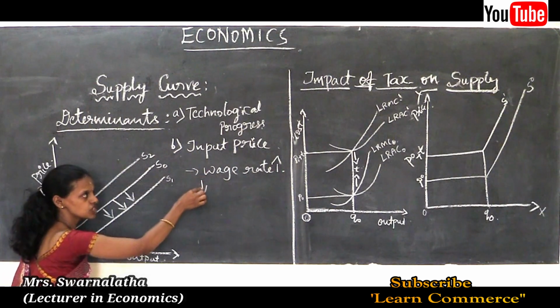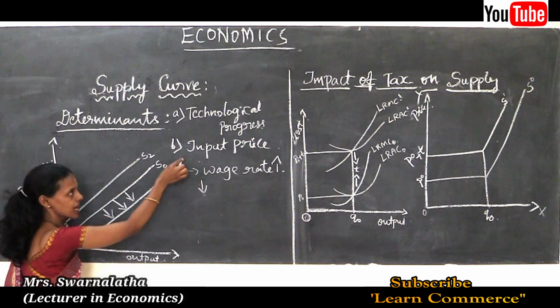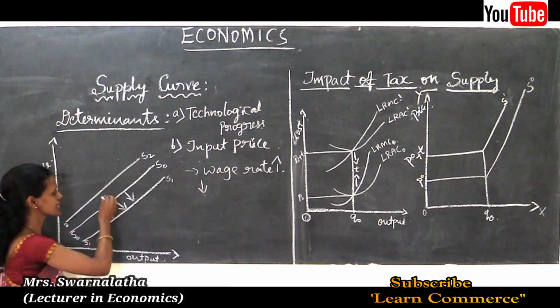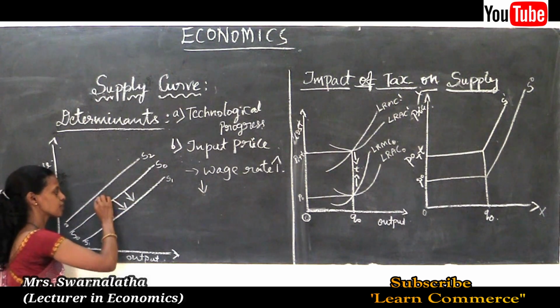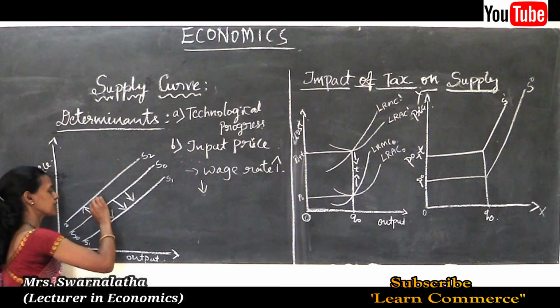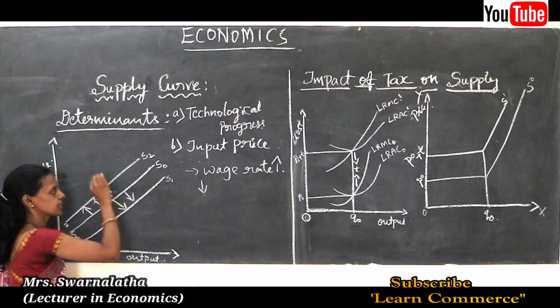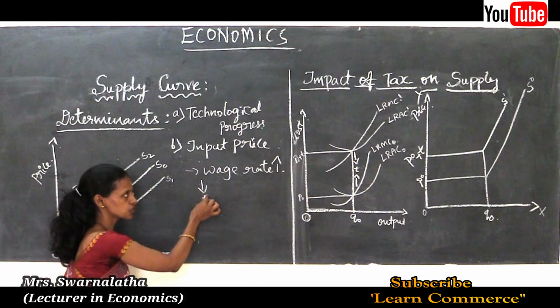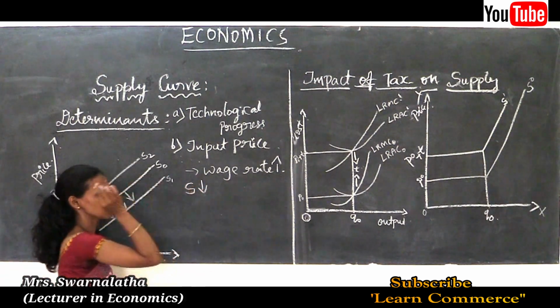Thus, an increase in the wage rate is one of the input prices. An increase in input price leads to the shift of the supply curve from right to the left, which shows a decrease in the supply.